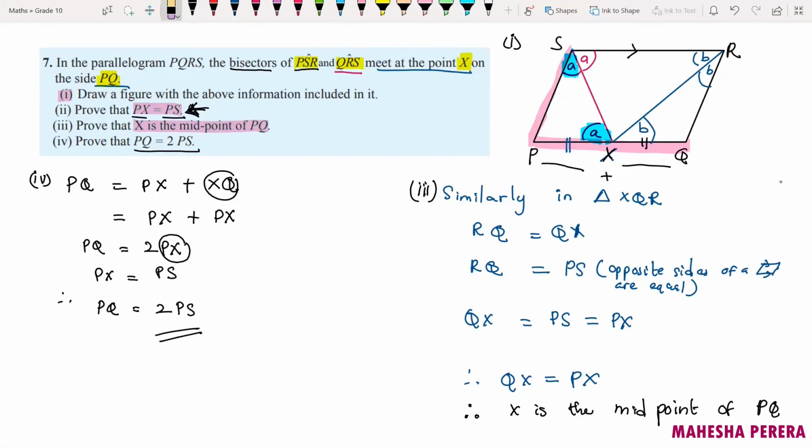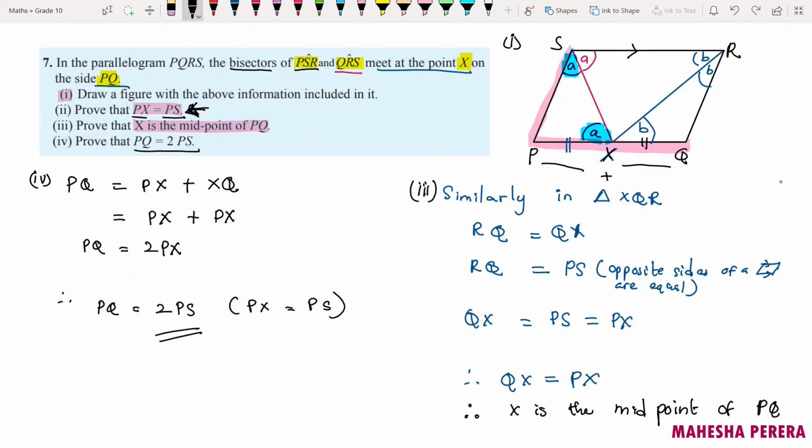So this is my answer. I just wrote PS instead of PX. Or instead of writing this, you can say within brackets, PX equals PS. That's why we can straight away write PS here.